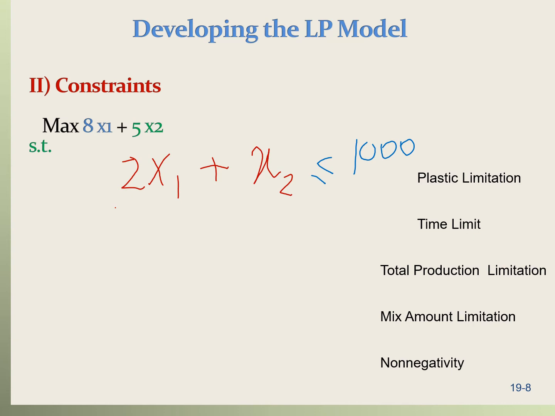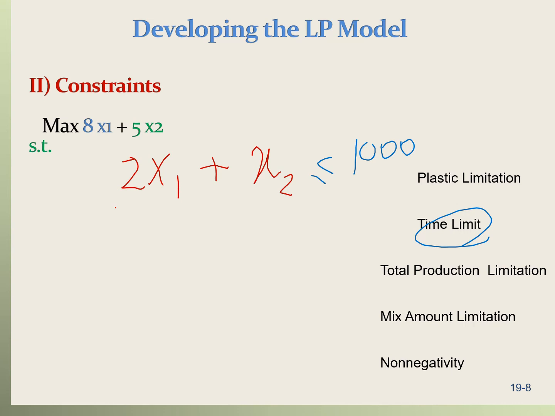How about the time limit? We know, based on the problem statement, that they only have 40 hours per week. So they can only use the machines to produce these two types of toys 40 hours total. Based on the problem, each dozen of x1, the space rays, would require 3 minutes of production time. And for zappers, it's 4 minutes.